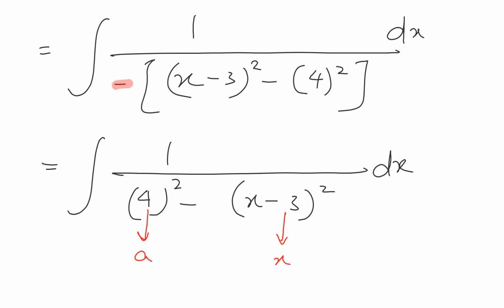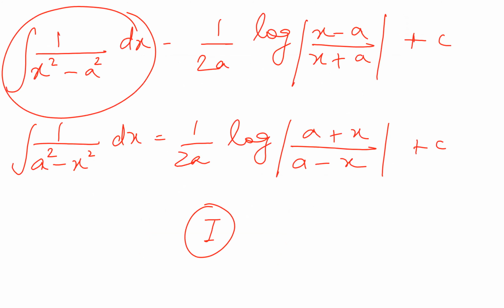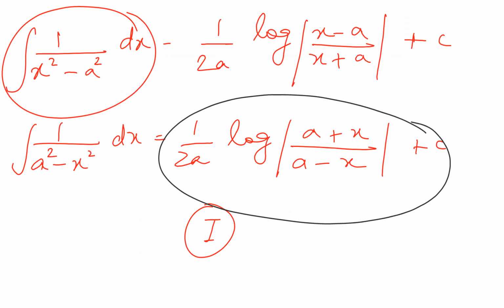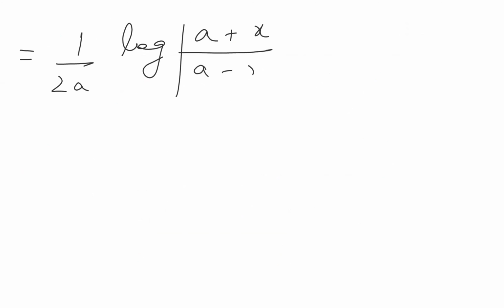Okay. So 1 upon A square minus X square formula. I'll show you the formula. See, application of the right formula is very critical. 1 upon 2A log modulus A plus X upon A minus X. What is A?